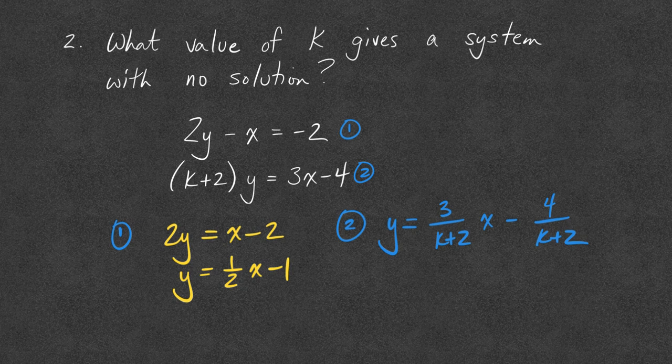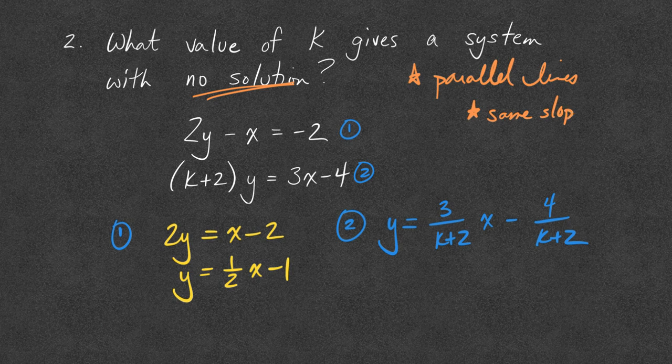Now, for no solution to occur, that means that our lines do not cross. So we had to remember that that means parallel lines. And what do we know about parallel lines? Same slope, different position, so different y-intercept.